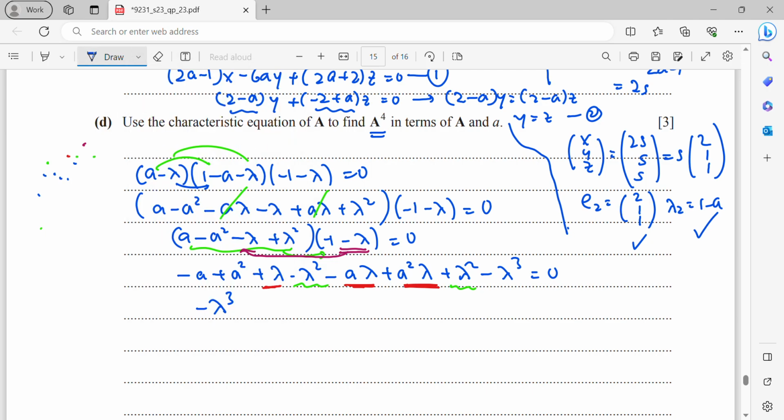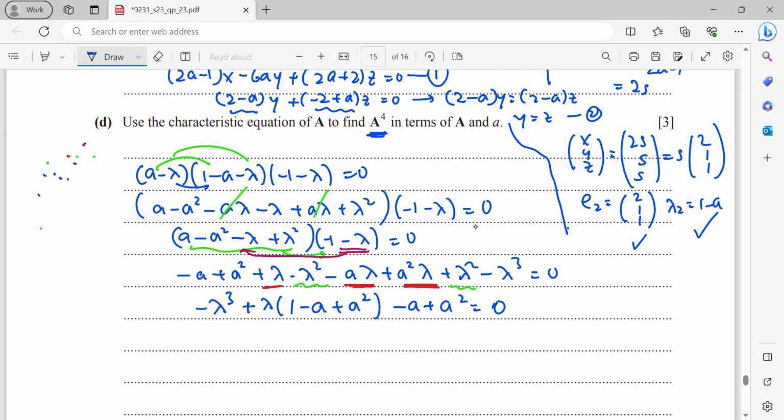I will factorize the lambda. So I factorize the plus lambda, it will be 1 minus A plus A squared. Okay, then the remaining terms will be minus A plus A squared. That equals 0.